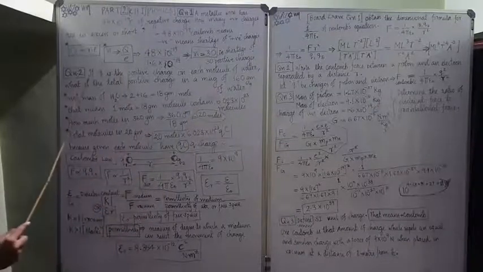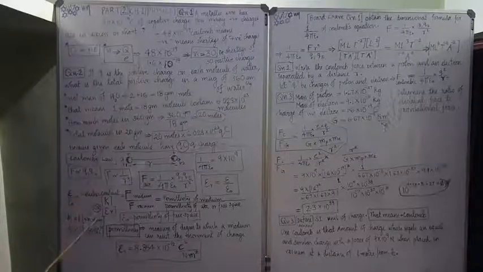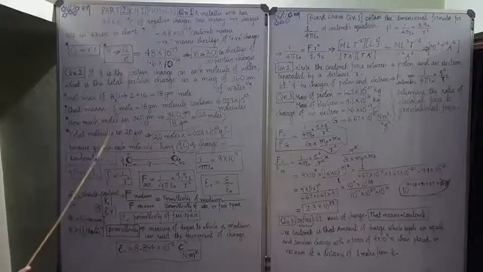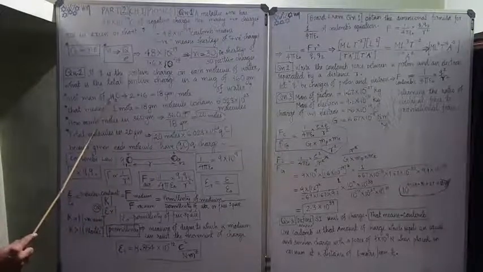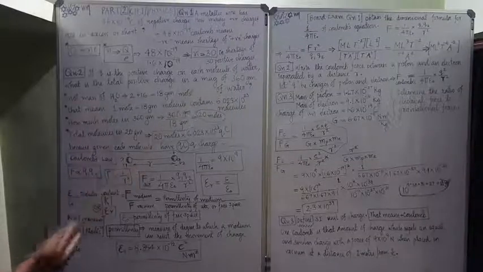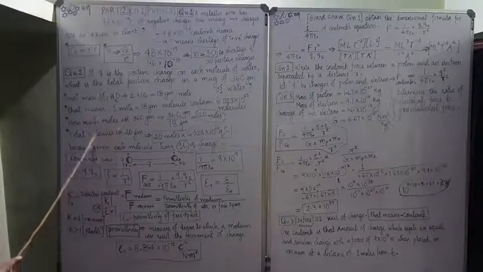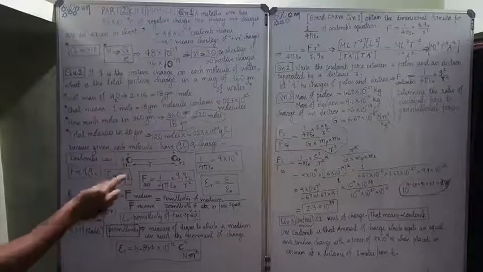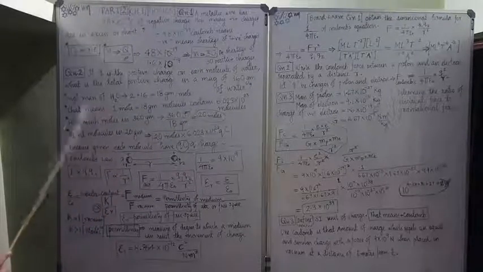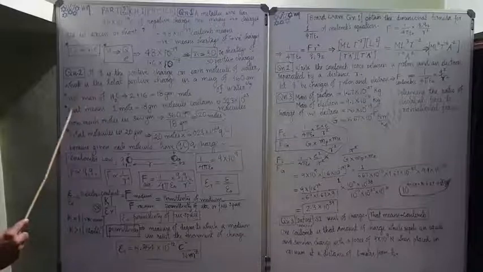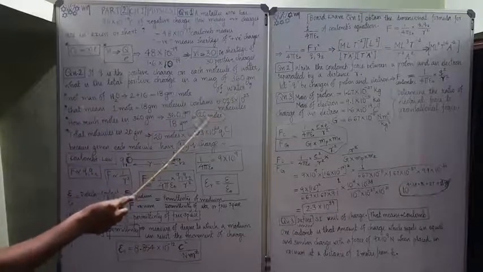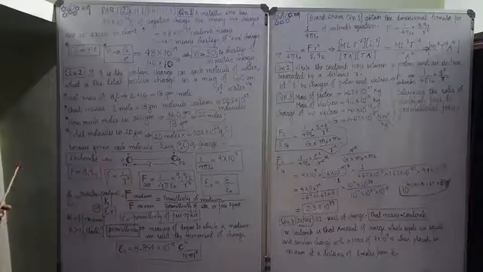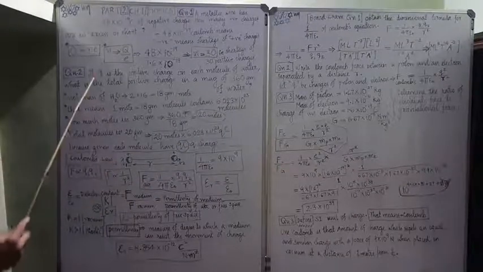Question number 2: if Q is the positive charge on each molecule of water, an H2O molecule, what is the total positive charge in a mug of water containing 360 gram of water? Let a molecule of water have a Q charge.